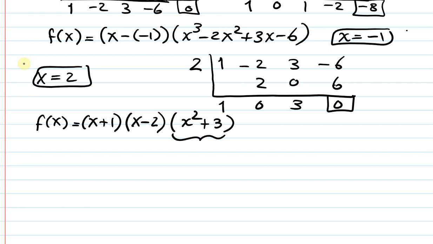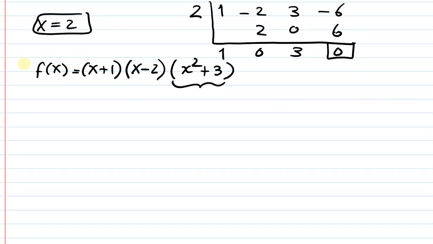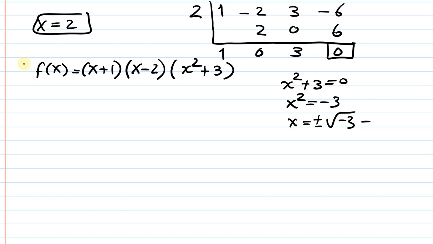Usually once we're down to the quadratic, we use the quadratic formula or try to factor it. Here, if I set x squared plus 3 equals 0, x squared is negative 3, and we can square root both sides. And we have a couple of imaginary roots, right?